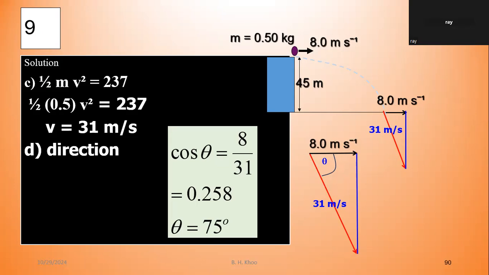Can? Anything not clear? Yep. What is the problem?